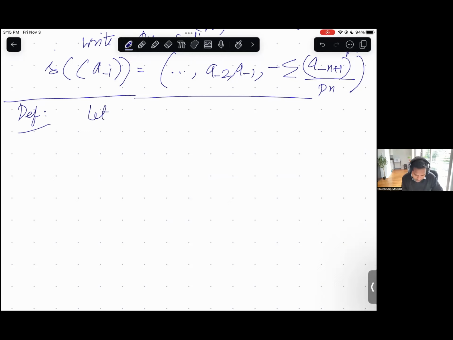So let p be a prime and h greater than 0 be an integer.